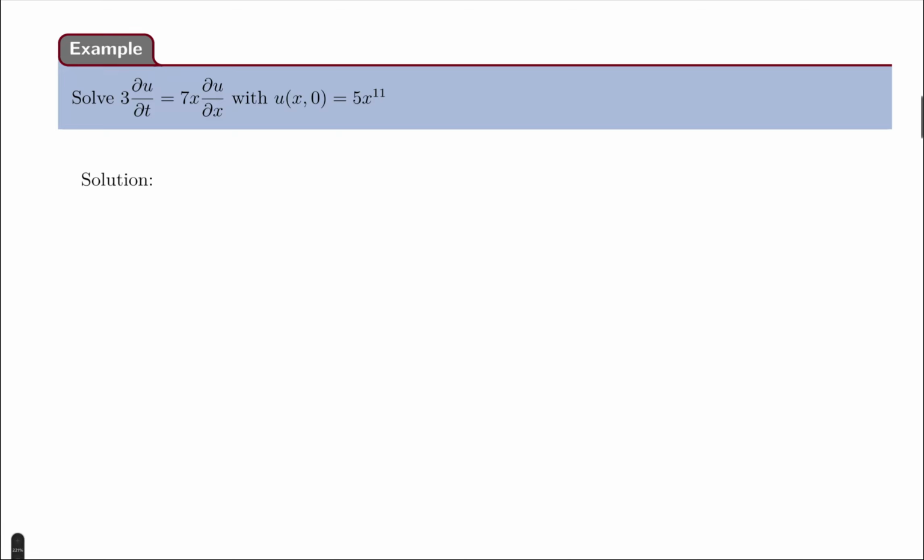And again, for this, we're going to assume a solution of the form u equals f(x) g(t), which is the product between a function of x and a function of t, right? And so we're going to take the necessary partial derivatives as required in the PDE.